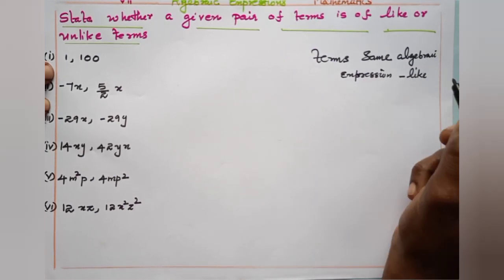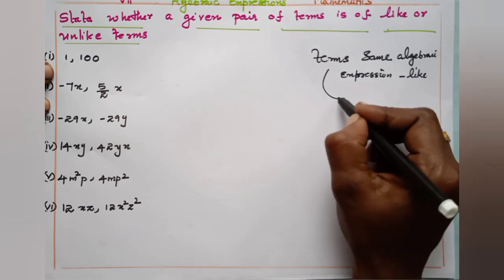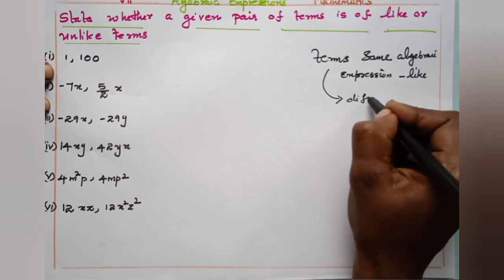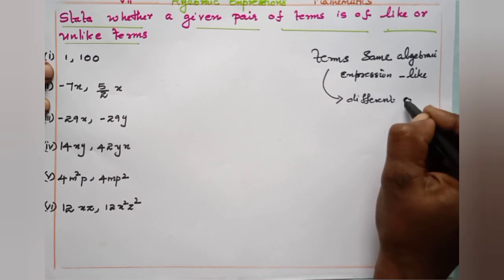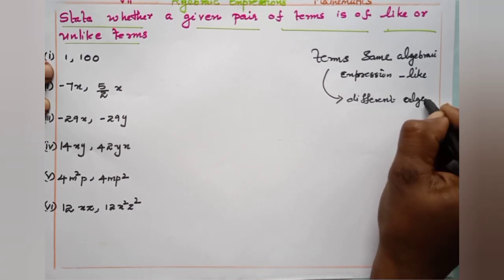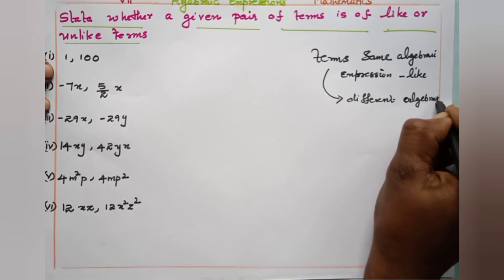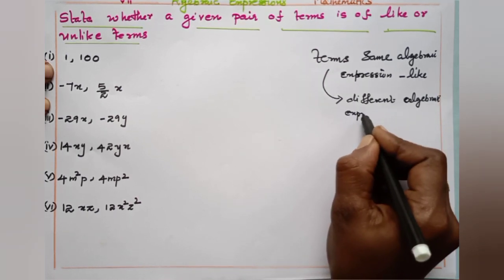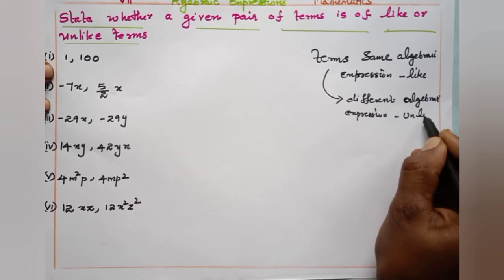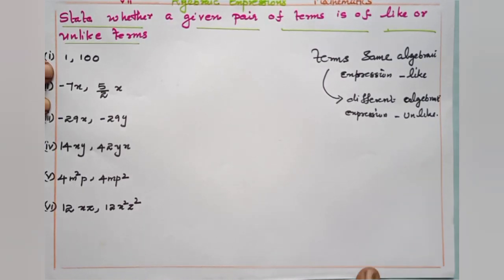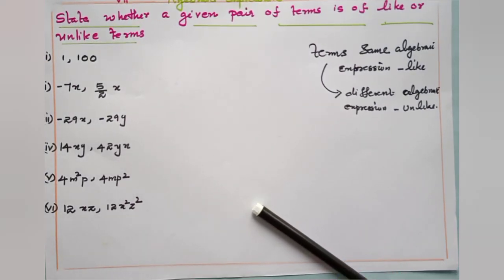So unlike terms are terms having different algebraic expressions. So here, find out the like terms and unlike terms.